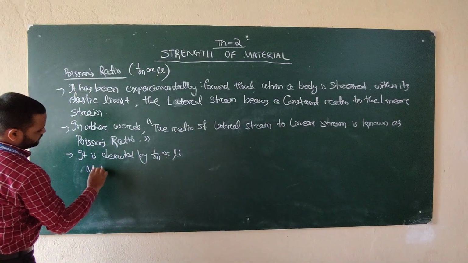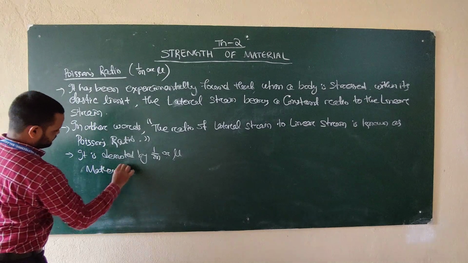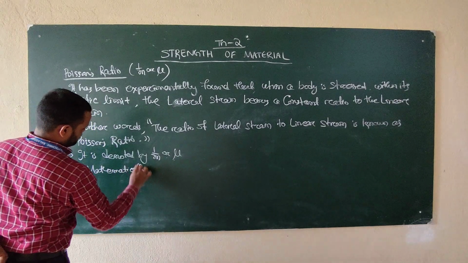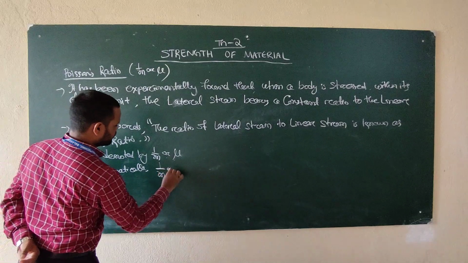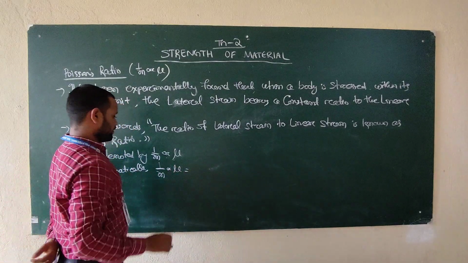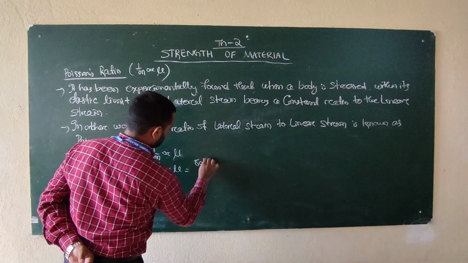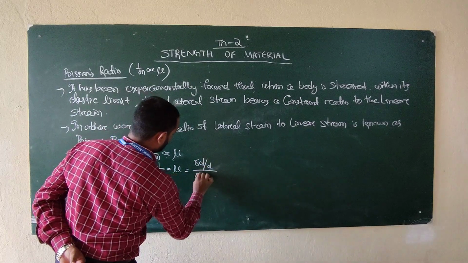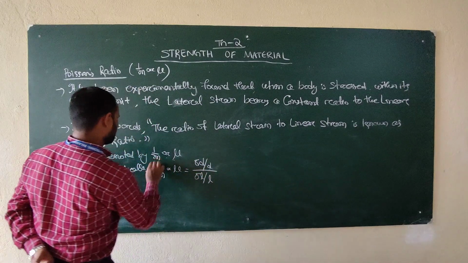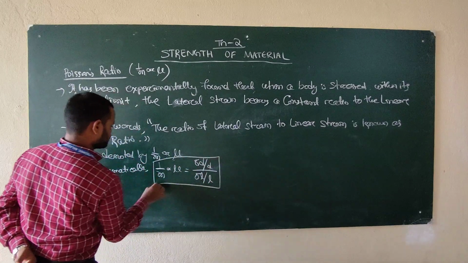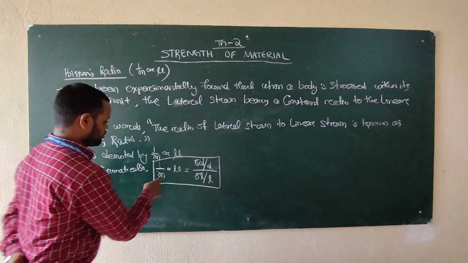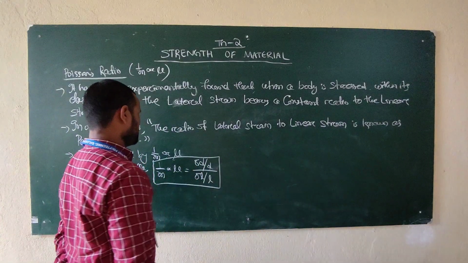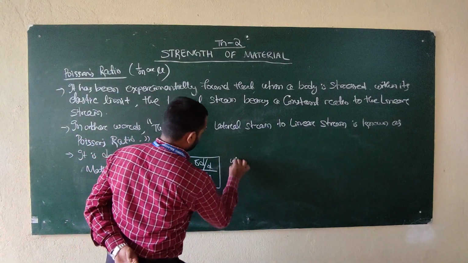So mathematically, 1 by m or mu equal to del d by d divided by del L by L. When the formula comes, make it a box.